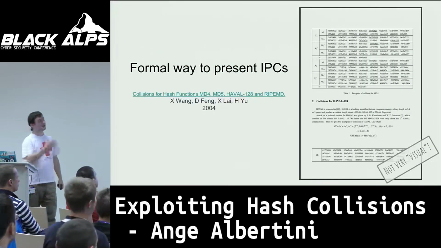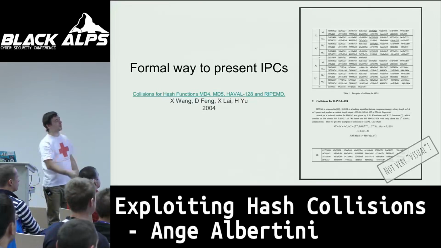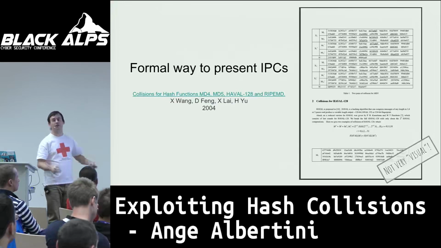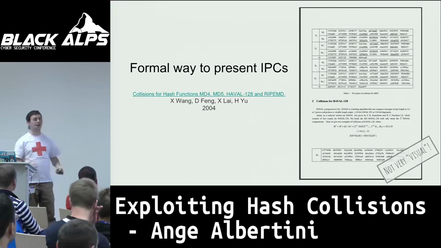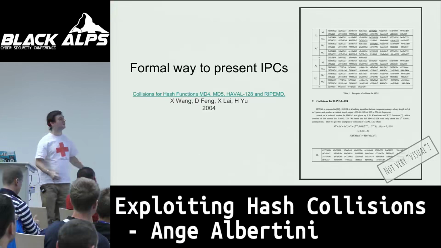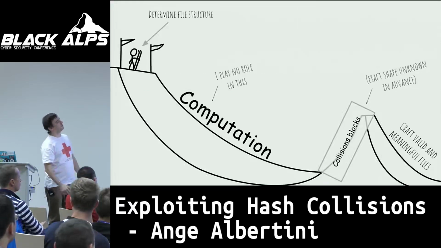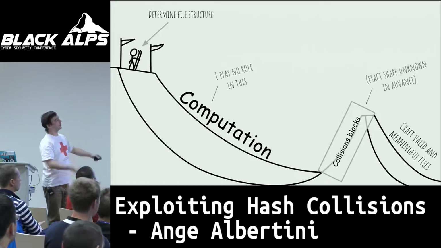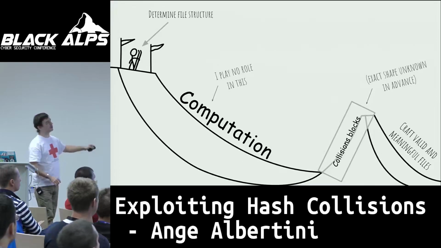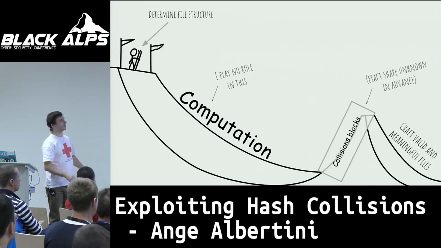So for academics, that's how they present hash collisions: they just show big blocks of hexadecimal, and there is no visual, there's no impact, so you can hardly convince Linus Torvalds to move away from a hash with this kind of text. My role in this is, I don't play any role on the big computation part, especially on Shattered, the SHA-1 attack, where there was only a huge computation and effort.